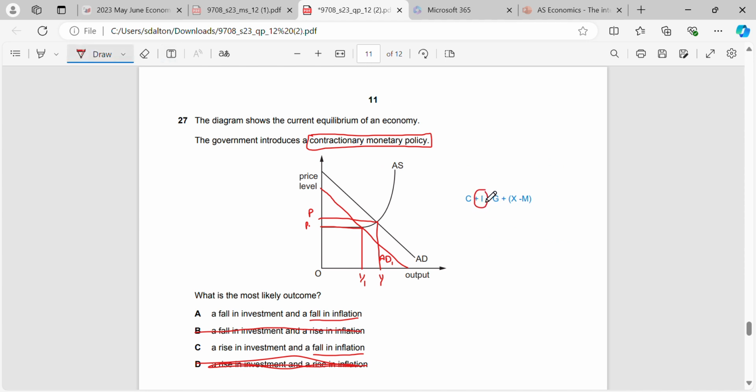So what is the most likely thing to happen? The most likely thing to happen as a result of AD moving to the left is that the components of AD have decreased. Therefore, the most likely thing to happen is we would have a fall in investment due to the decrease in output or the shift in AD to the left. Okay, remember, output can reflect our changes in investment and our changes in consumer expenditure too.